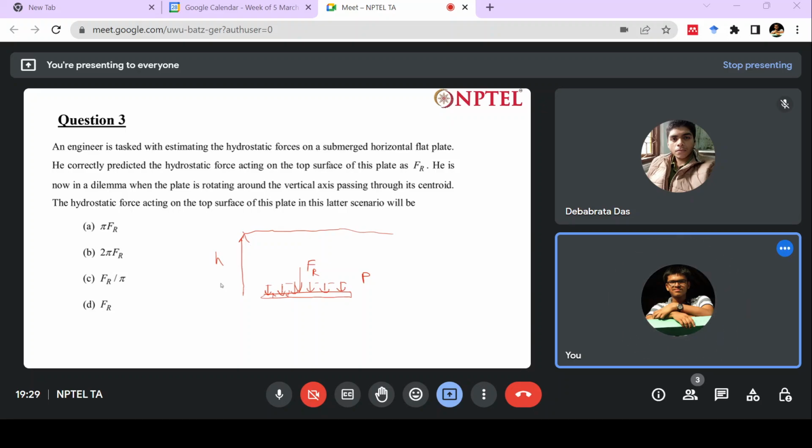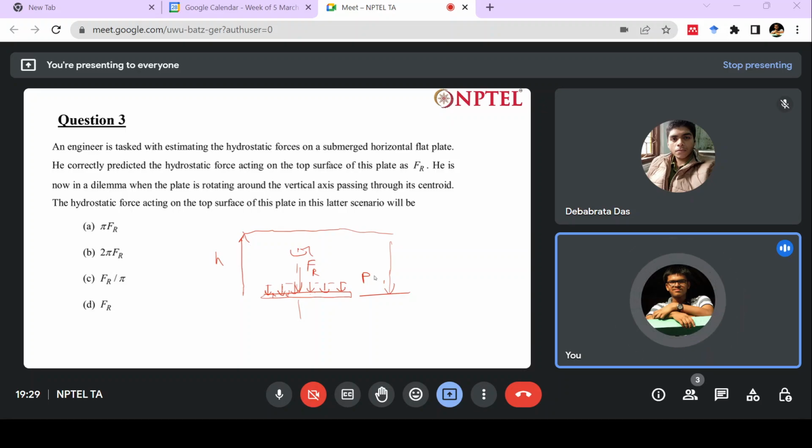Now what is happening is that we are rotating along the vertical axis. If it rotates along the vertical axis, every point on this plate stays at the same depth, right? Irrespective of this rotation, the points on the plate are staying at the same depth.